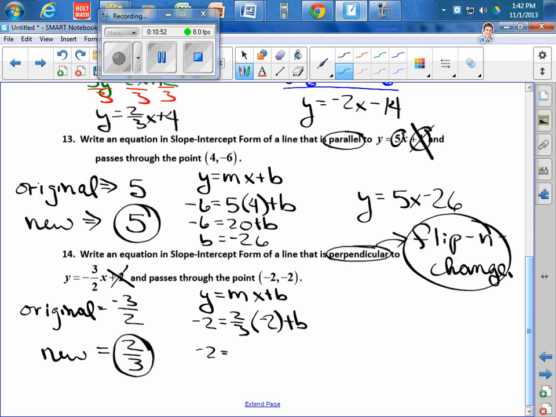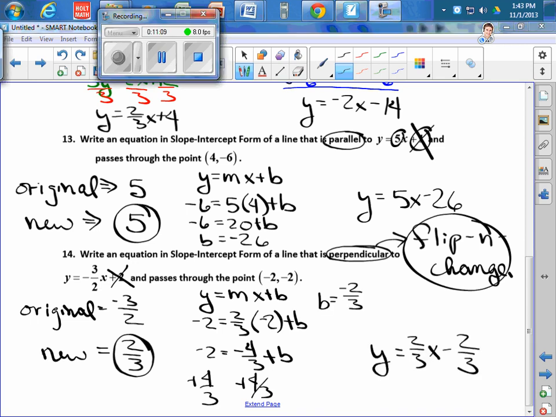Wrong. Plug this into your calculator. -4/3 plus b. Well, now it's even more trouble, right? Wrong. What do you need to do to both sides? Add 4/3. Well, what's -2 plus 4/3? You end up with b is equal to -2/3. So you get y is equal to 2/3 x minus 2/3.